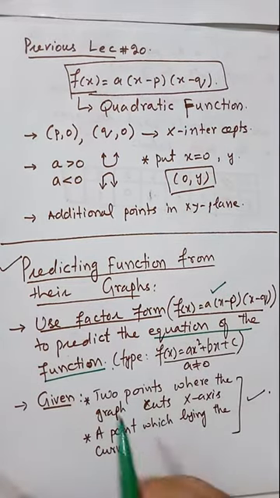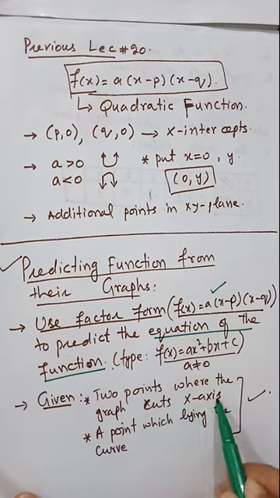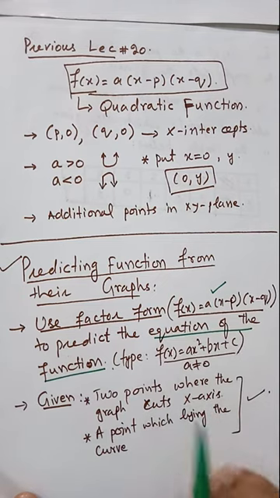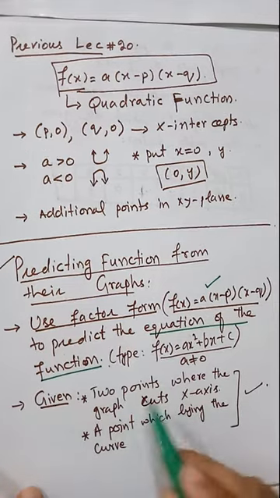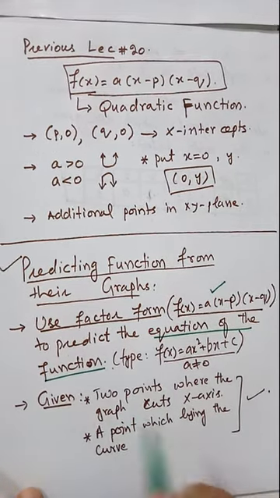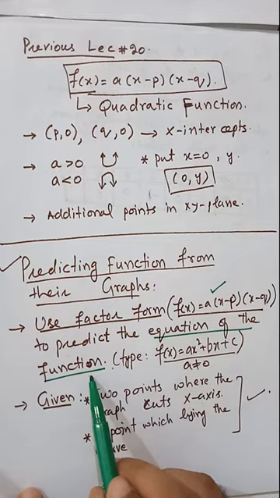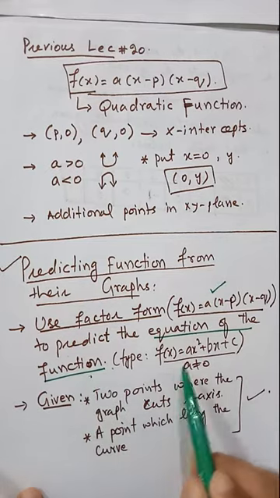What will be given? 2 points where the graph cuts the x-axis, meaning the x-intercepts will be given to you, and a third point will be given which lies on the graph of the function which we need to predict. So these two pieces of information are given. We need to predict the equation of the function, and that equation must be in this general form.